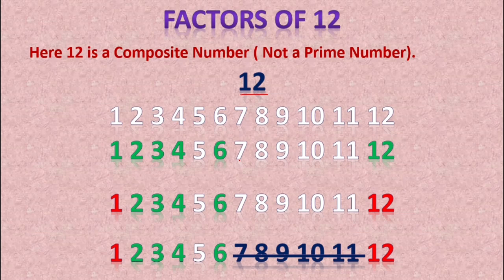Then 12 divided by 7, 8, 9, 10, 11, the remainders are not equal to 0. When divided by 7, the remainder is 5. When divided by 8, the remainder is 4. When divided by 9, it is 3. When divided by 10, it is 2. And by 11, it is 1.